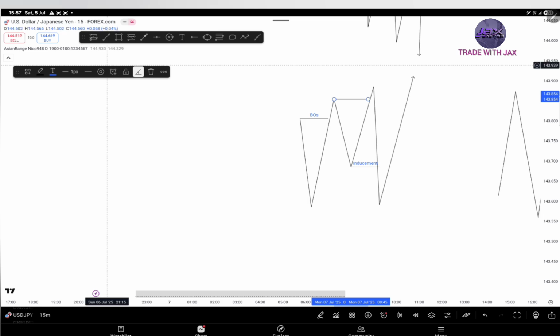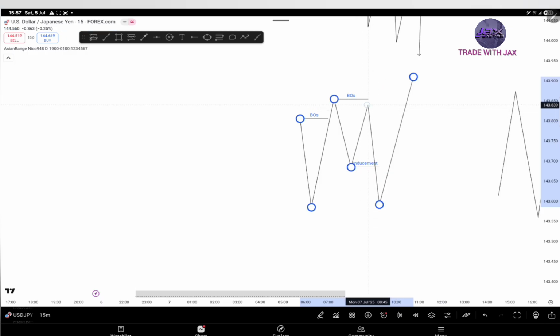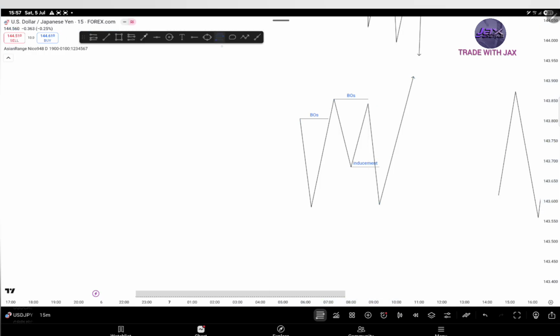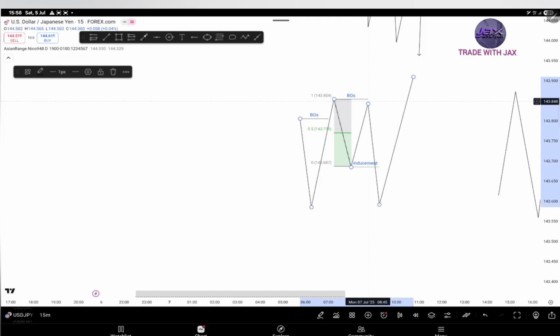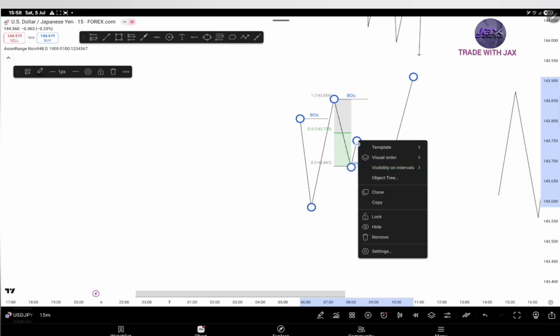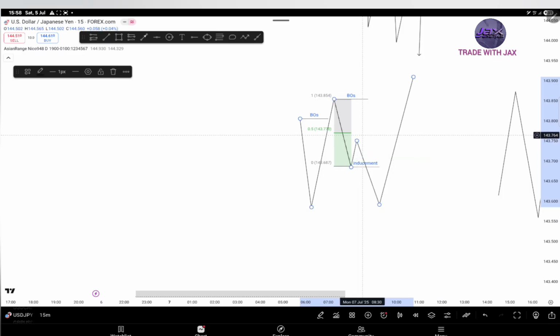Either you have your inducement breaking structure, or you have your inducement going at least 50% of the targeted high. So if the high is not protected, the high is the target. Let's say you're regarding this place as your inducement, and price just went up here and started falling.